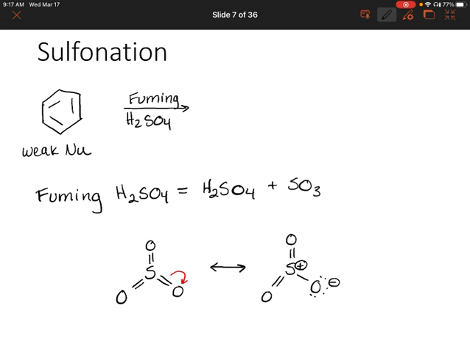And so remember that we could do this for all 3 oxygens. So all 3 oxygens are sharing that negative charge, but sulfur just has that positive charge, that +1 charge. And that's what makes it a good electrophile.